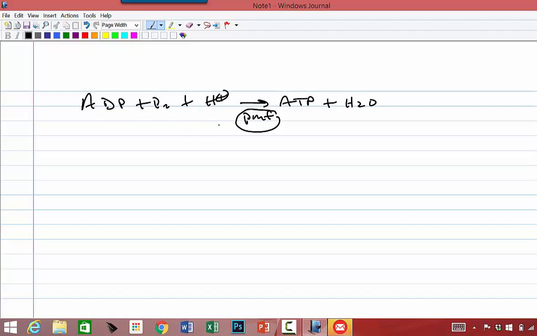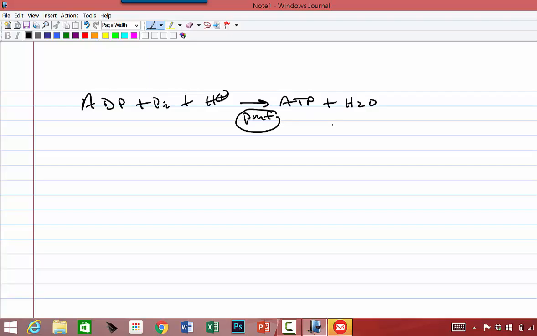So actually all of this occurs, the ADP and inorganic phosphate forming the ATP, on the enzyme without any kind of energy. You don't need energy to create the bond between inorganic phosphate and ADP, but you do need PMF to release the ATP from the enzyme.